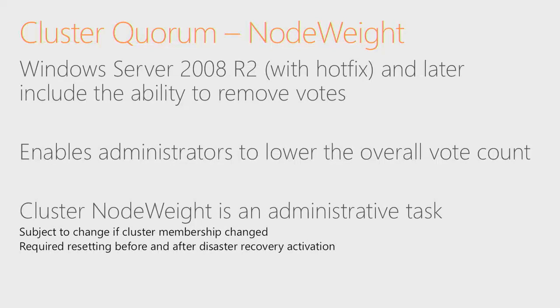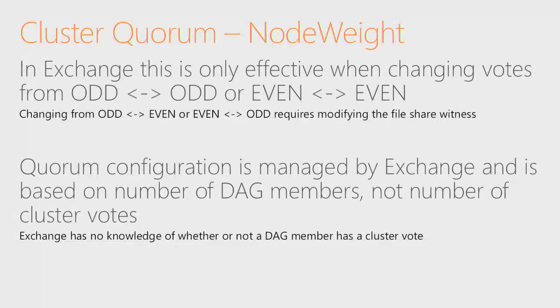And there was no Exchange interface into how a node had a vote. Right? We didn't give you an Exchange commandlet that allowed you to adjust this so Exchange was aware of it. And this is where this caused an issue. Because from the platform's perspective, let's say I had an even number of votes.